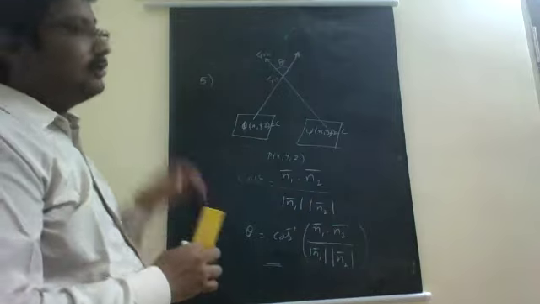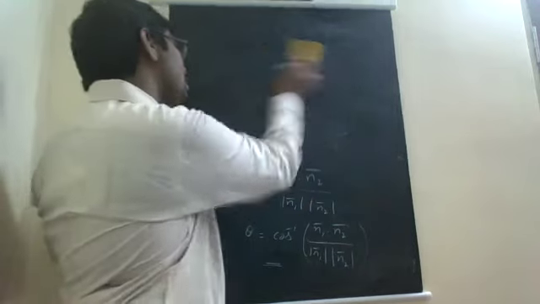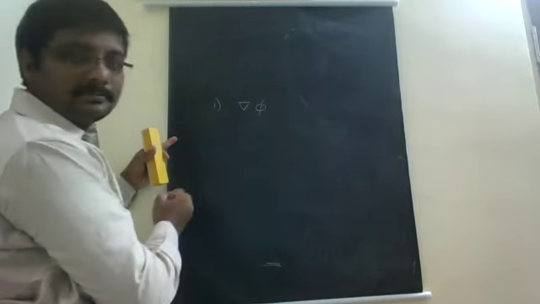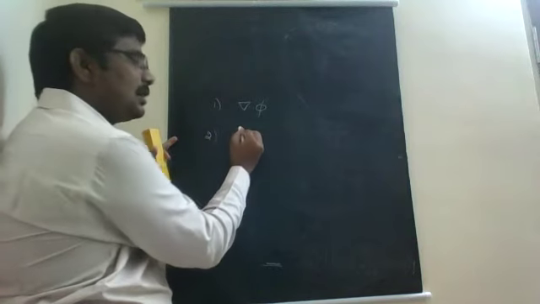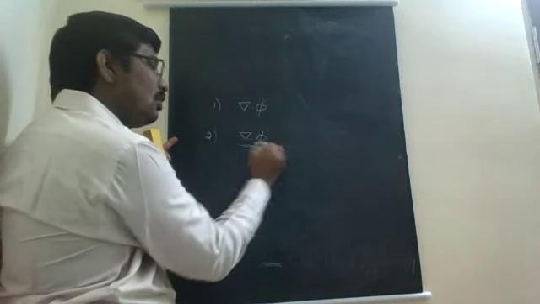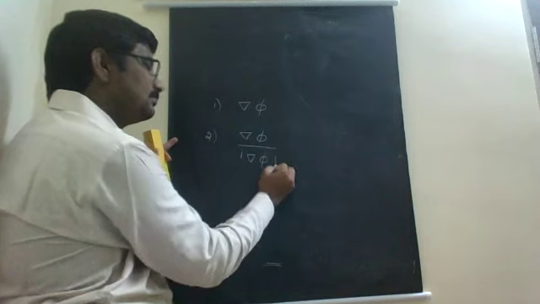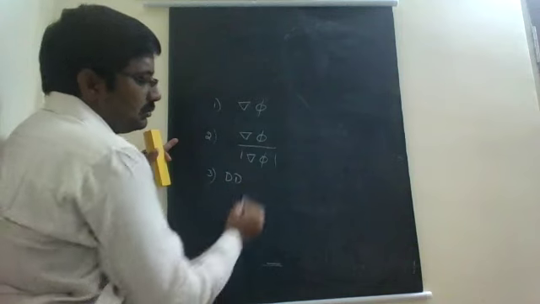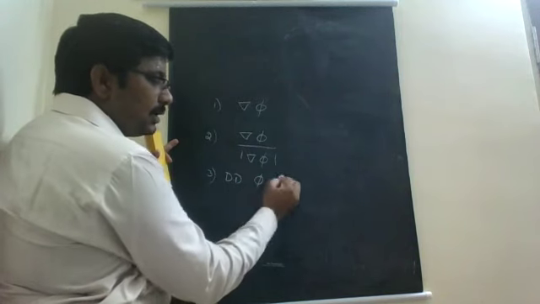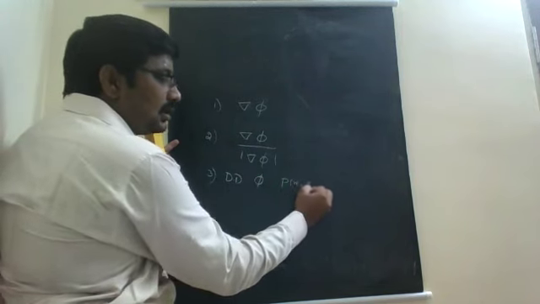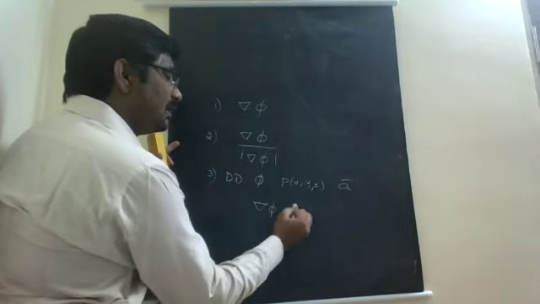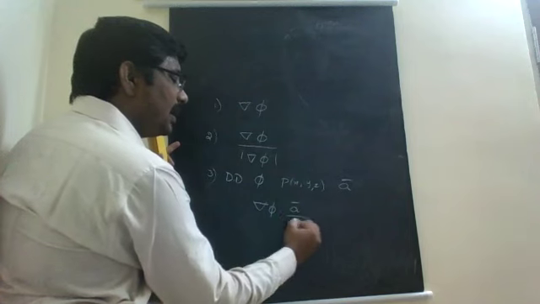Thus, depending upon the gradient, we have 5 important formulas. The first one is the normal to the surface, which is del phi. The unit normal to the surface is del phi upon modulus of del phi. The directional derivative of the function phi at the point P in the direction of a bar is del phi dot a bar by modulus of a bar.